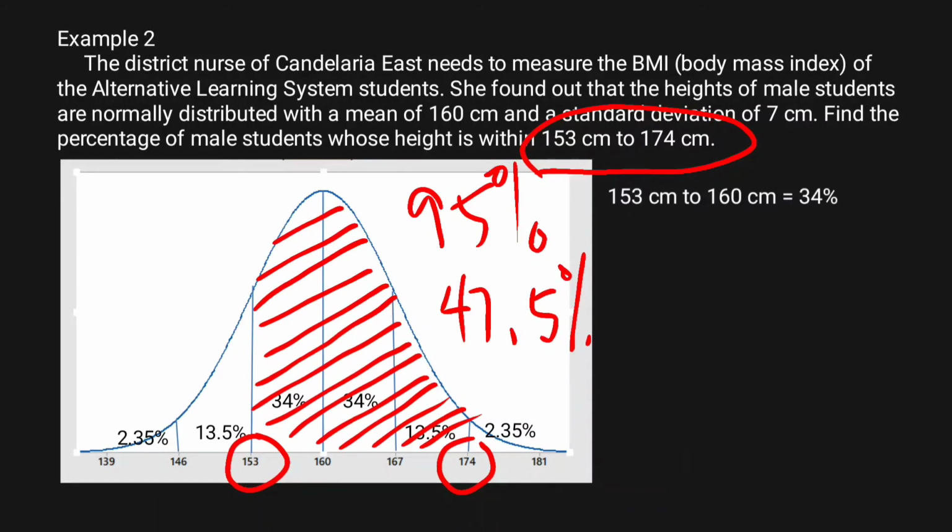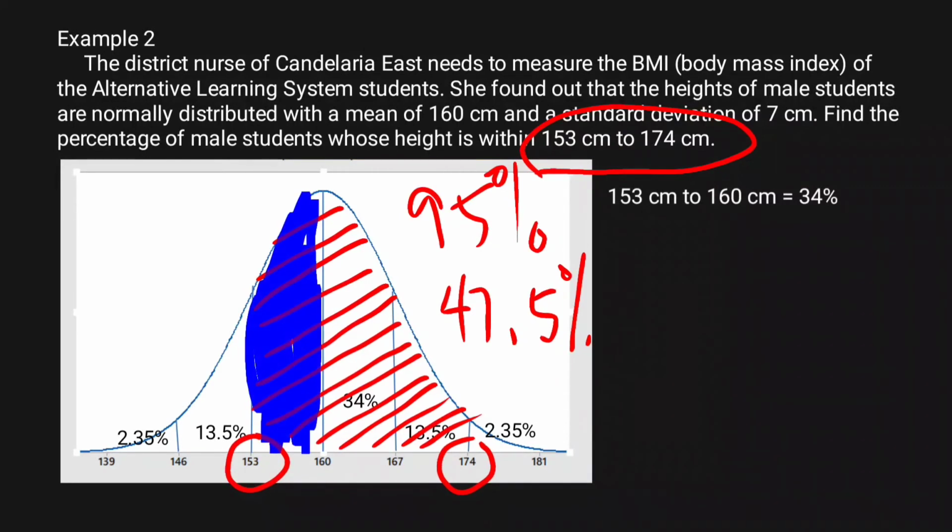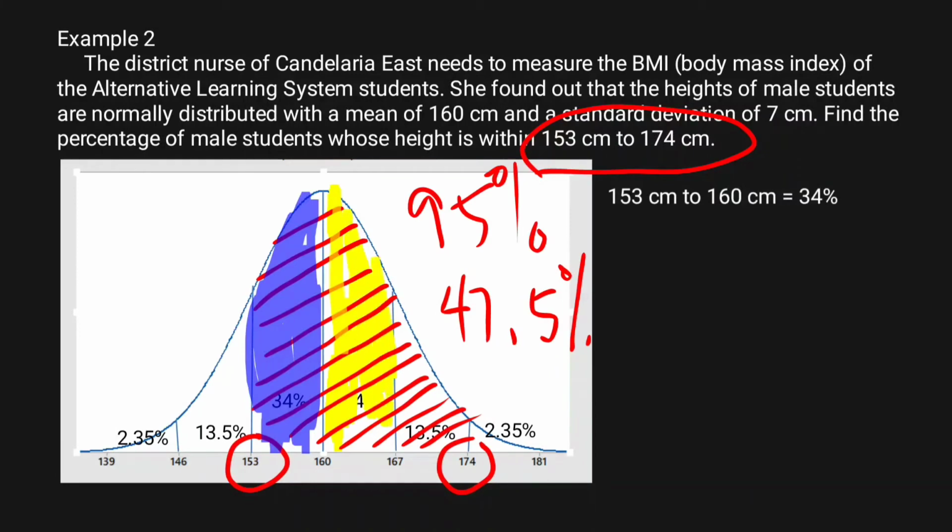So, we have 153 to 160. So, ito lang yung part na yon, 153 to 160. So, itong part na to ay 34%. Then, yung sa kabilang part naman, okay, baguhin natin ang kulay. So, yan, gagawin ko yellow. So, ito ay kalahati siya ng 2 standard deviation from the mean, 95%.